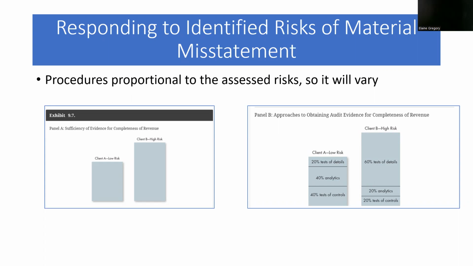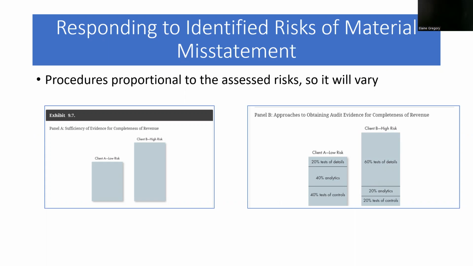Now, when we think of the procedures, we've talked about procedures before, but I want to introduce the idea that procedures need to be proportional to the client. So here is Exhibit 9.7, where there is looking at the evidence for the completeness of the revenue. It's one of management's assertions. So we have two clients.